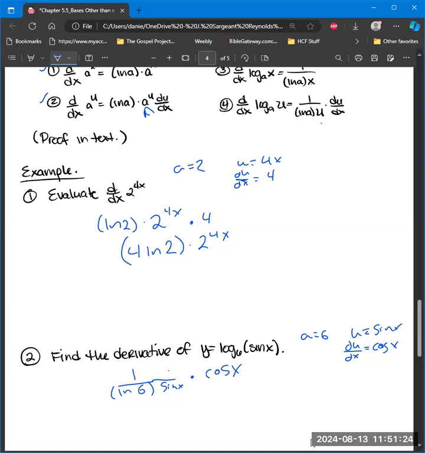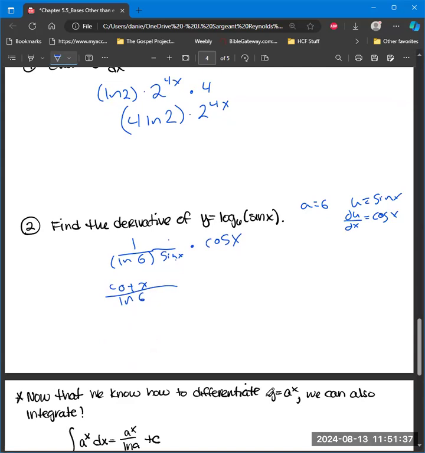So that's going to be cosine over sine, which is cotangent of x, over ln of 6, like that. And your ln of 6 might be broken up, like ln of 2 plus ln of 3, maybe not. I don't know. But these are exact answers here.